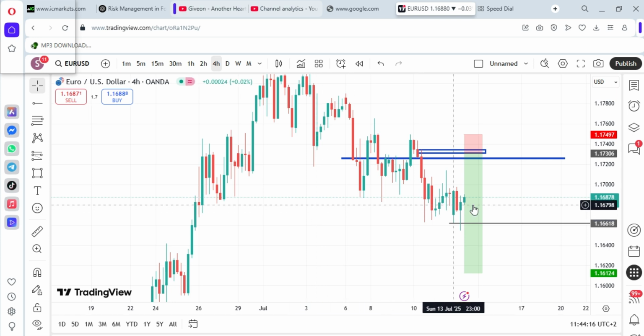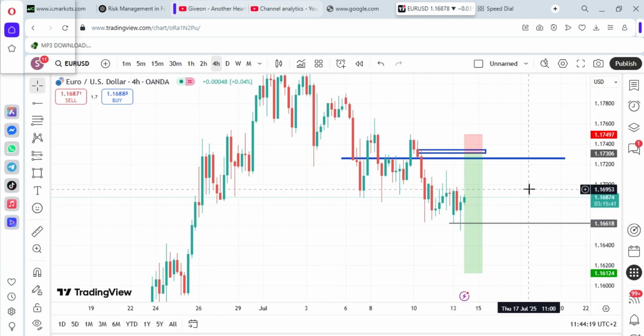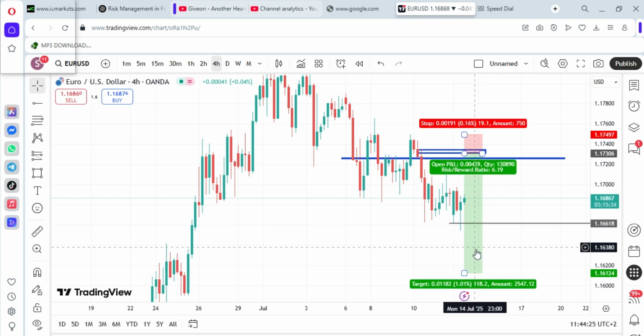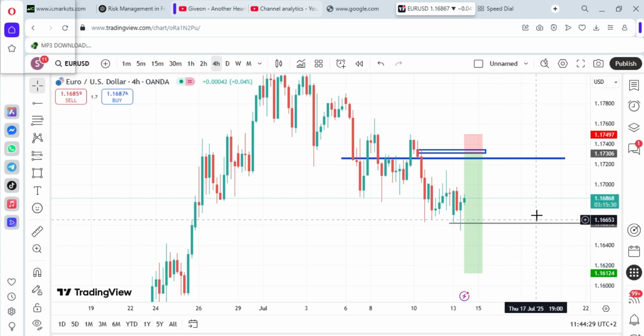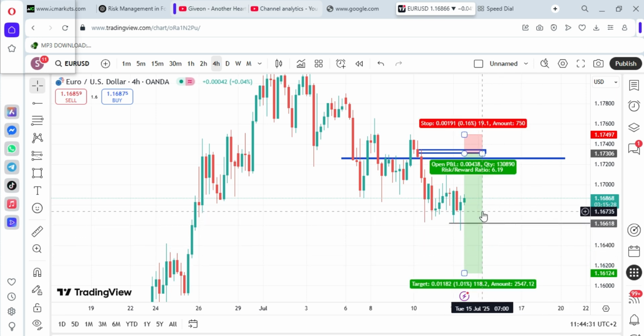And yes, we're going to wait for price. Then when it triggers our entries, hold until these two TP points, TP1, TP2, which is a good risk to reward. 1 is to 3 and 1 is to 6.